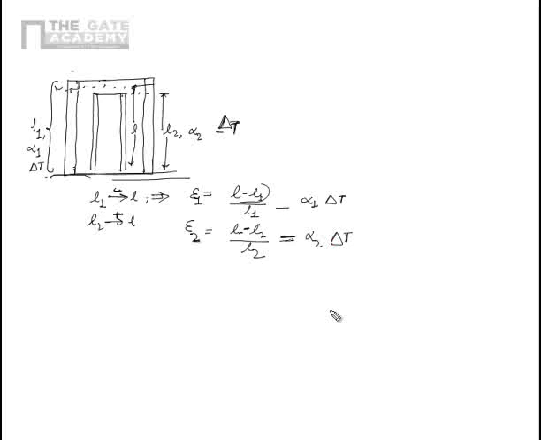Here we have to always keep in mind that this delta t is negative because we have to cool the outer cylinder, while this delta t is positive because we have to heat up the inner cylinder.